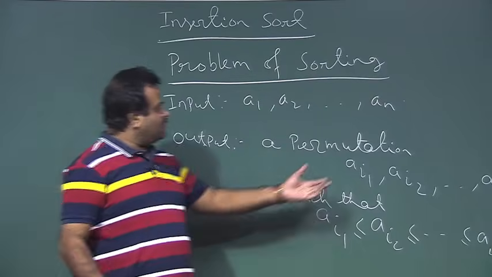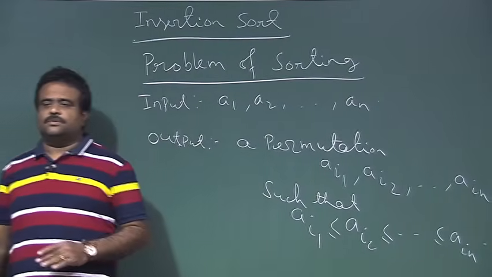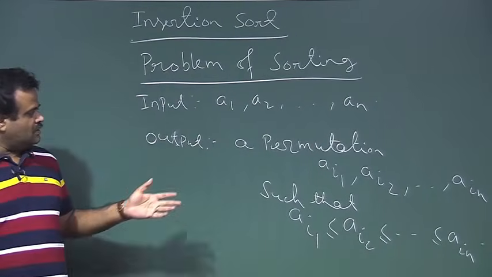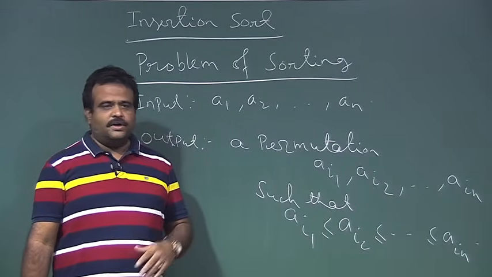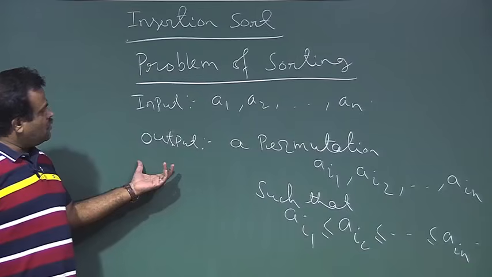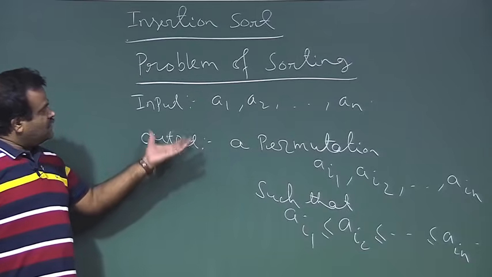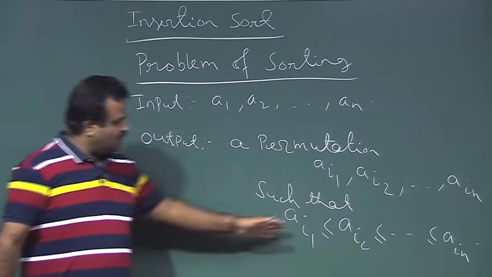There are n factorial permutations. Among these we have to choose the one permutation which gives the sorted array. This will be the output of any sorting algorithm, in ascending order.